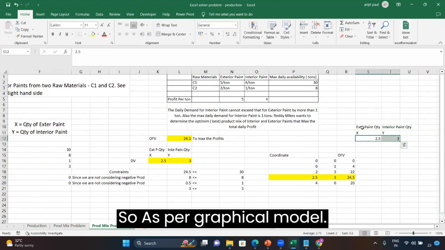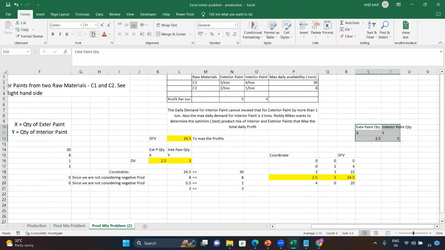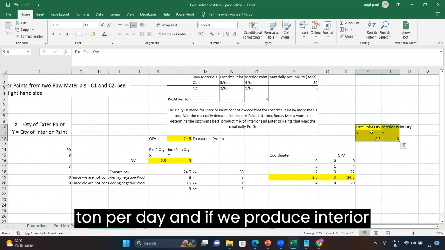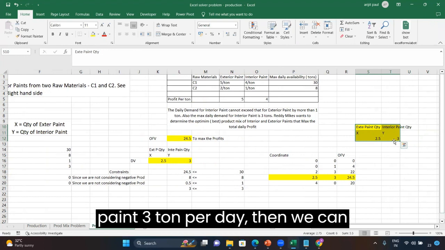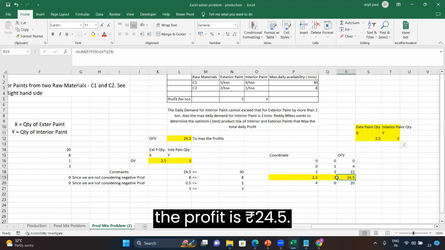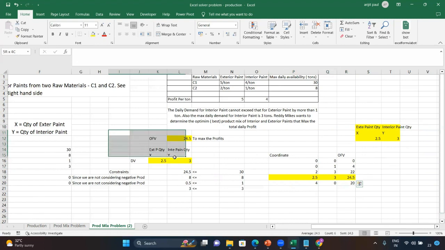So if we produce exterior paint 2.5 tons per day and interior paint 3 tons per day, then we can secure the maximum profit, and the profit is 24.5 rupees.